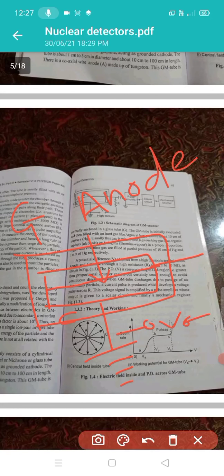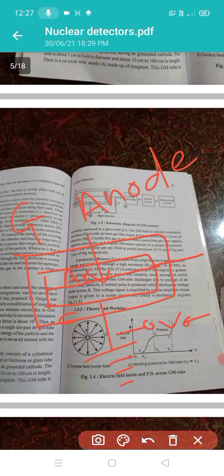The GM tube is initially evacuated and then it is filled with an inert gas like argon. Here the argon gas is filled at a low pressure of about 10 centimeter of mercury.